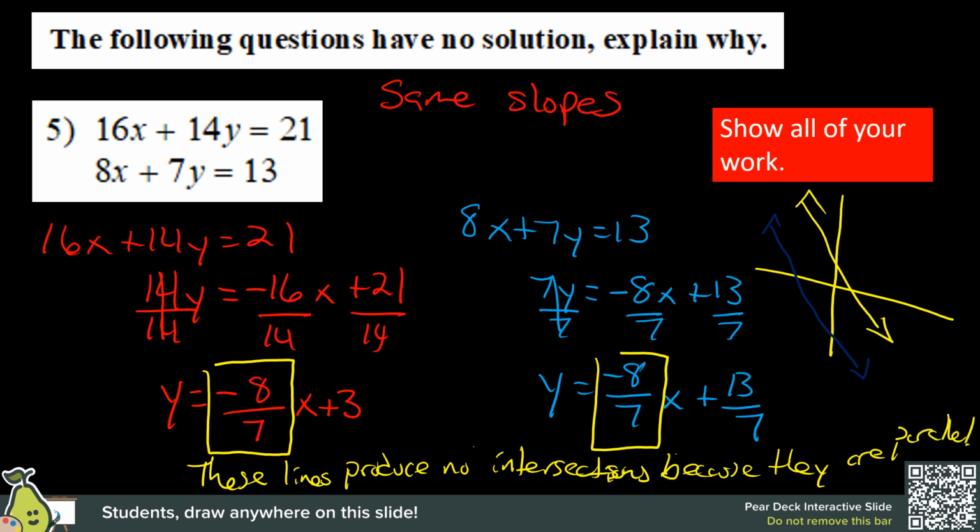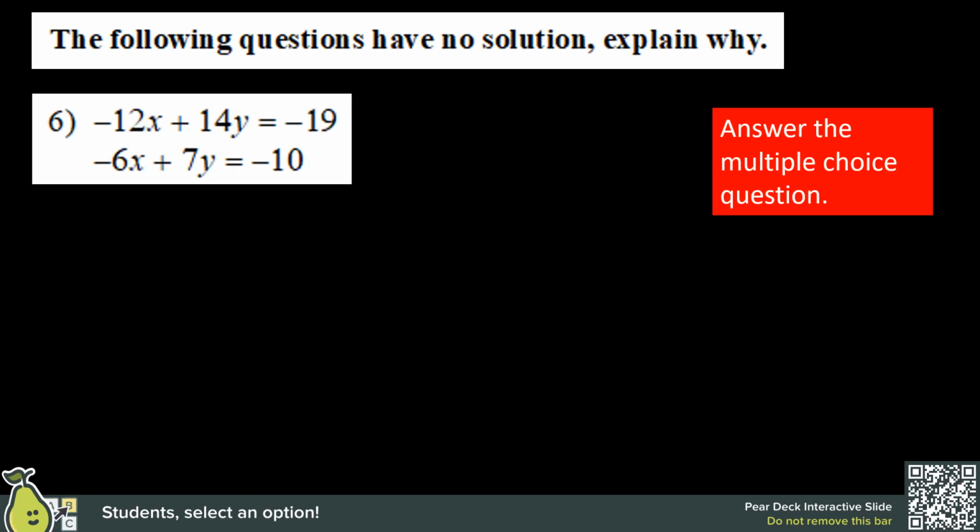Okay, these lines produce no intersections because they are parallel. And this is why they have no solution. Same slopes. Okay.